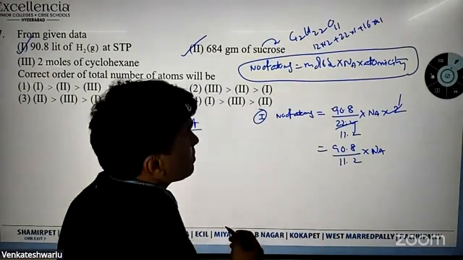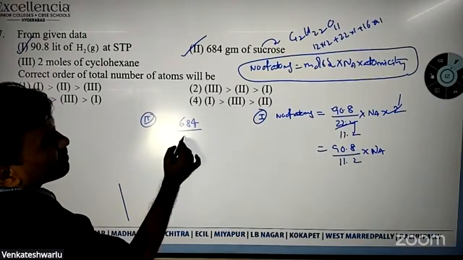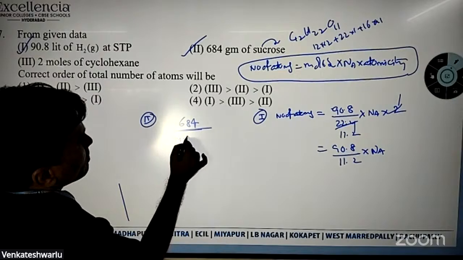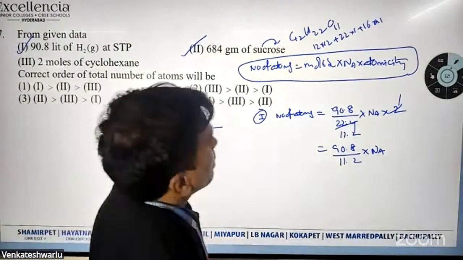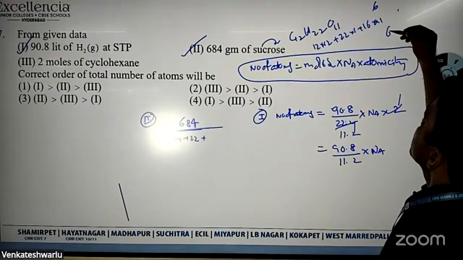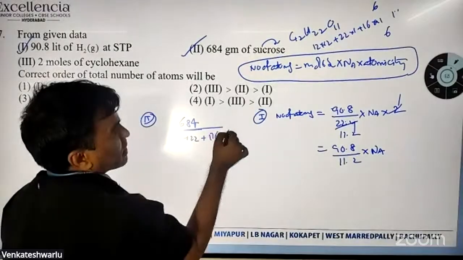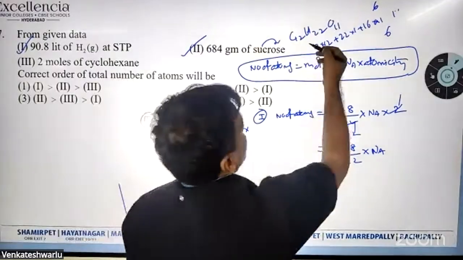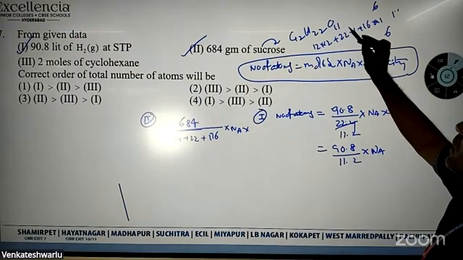Here we have to take the molecular weight of sucrose: 144 plus 22 plus 16 into 11. 11 sixes are 66, 11 ones are 11, so 176 into Avogadro number into how many atoms are there in one molecule: 12 carbons, 22 hydrogens and 11 oxygens.